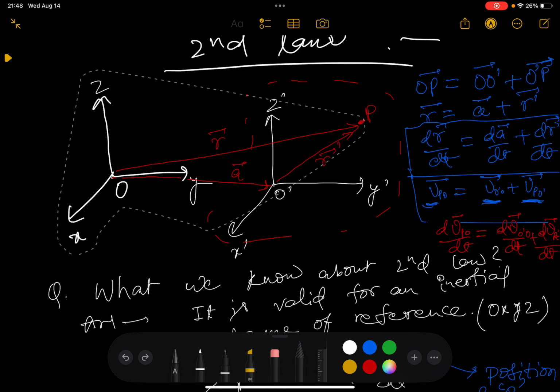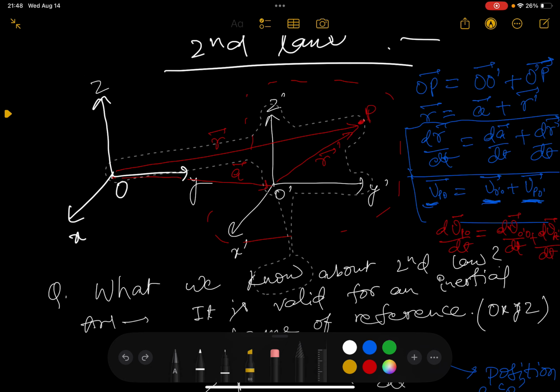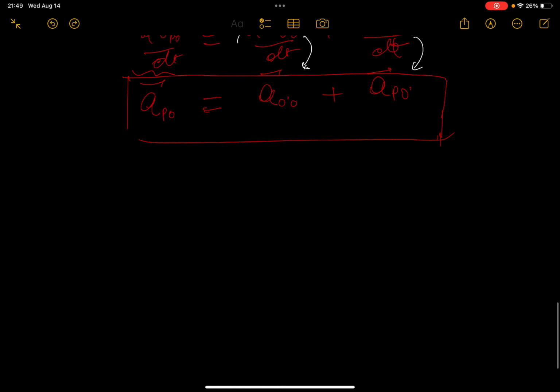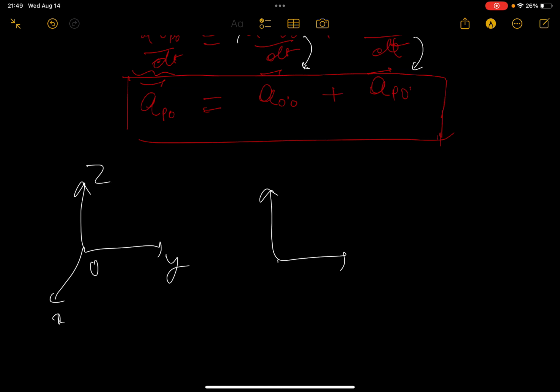So what does that mean? Let's say this Oxyz frame and this O dash x dash y dash z dash frame, at t equals 0, this is the position of the non-inertial frame of reference.